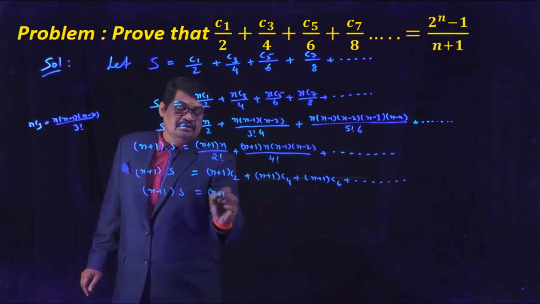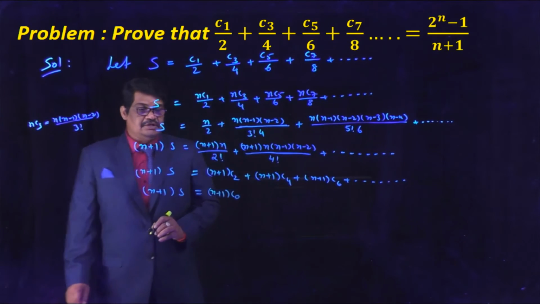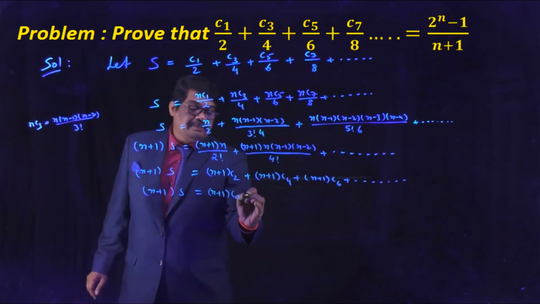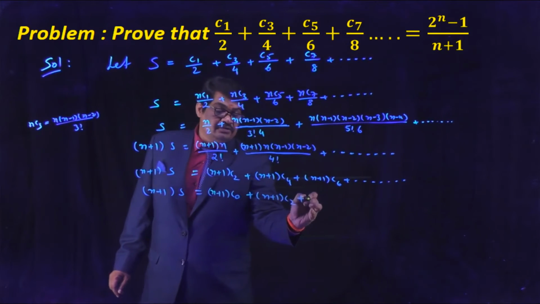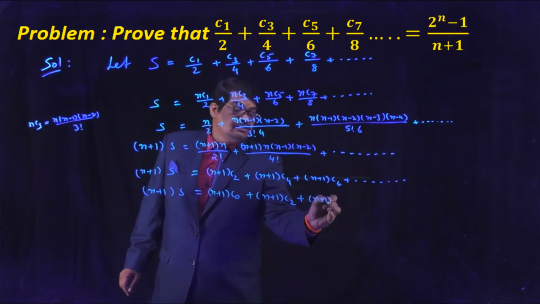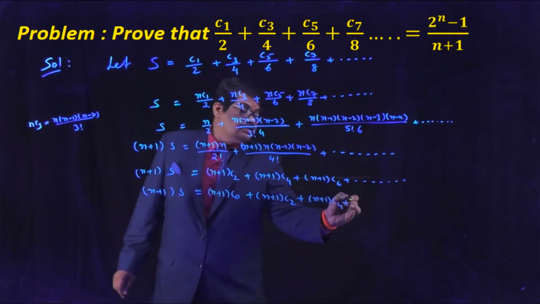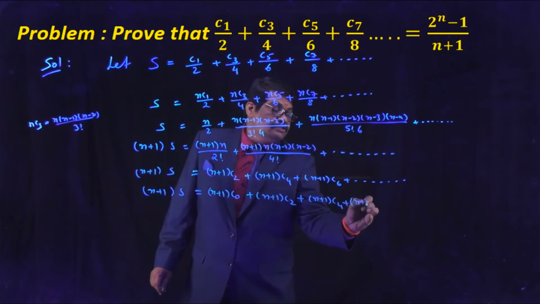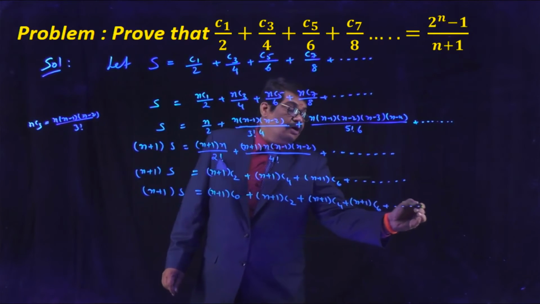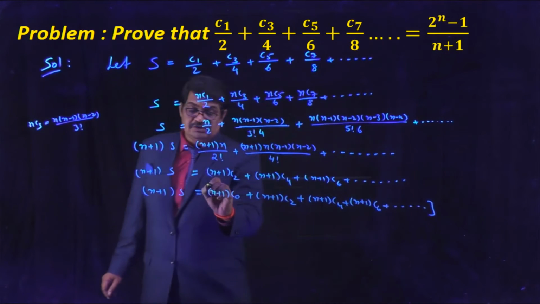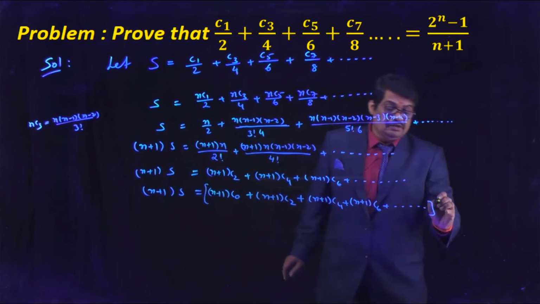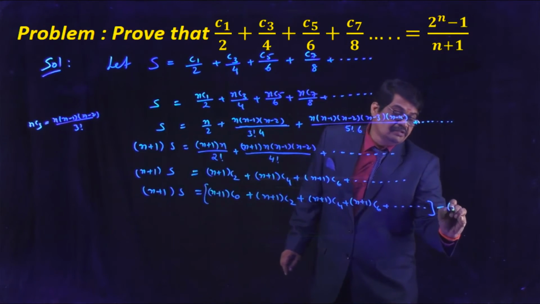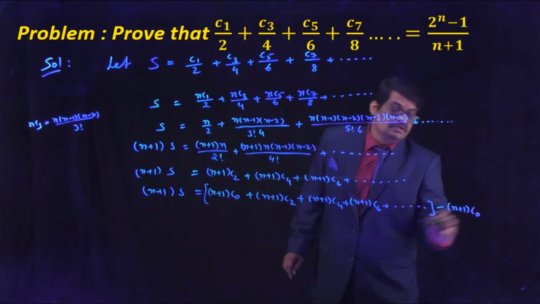We add n plus 1 C0 plus the remaining terms as usual, n plus 1 C2, n plus 1 C4, n plus 1 C6 and so on. First we write the term n plus 1 C0, adding it, and in the end we subtract the term n plus 1 C0.